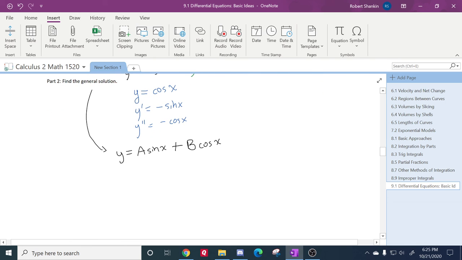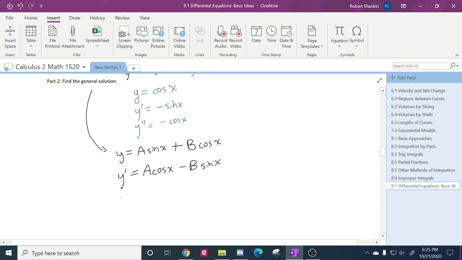Okay. All right. Well, let's check this one out though. See if this really is the general solution. If it is, when I take the second derivative, I should get back to negative y. When I take the first derivative, the derivative of a sine x is a cosine x. Derivative of b cosine x is minus b sine x.